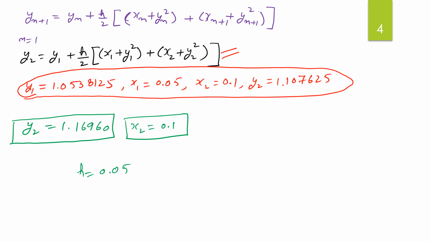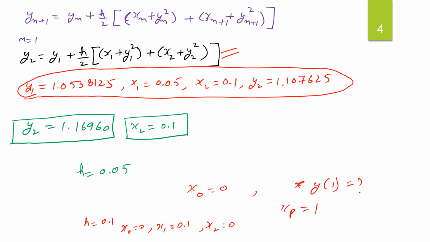Suppose x0 is 0 and the question asks to find the value of y at 1. That means xn is equal to 1, and if you take h is equal to 0.1, then x0 is 0, x1 is 0.1, x2 is 0.2, and so on till 1.